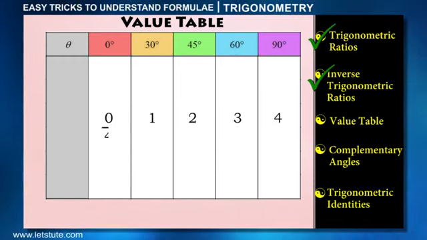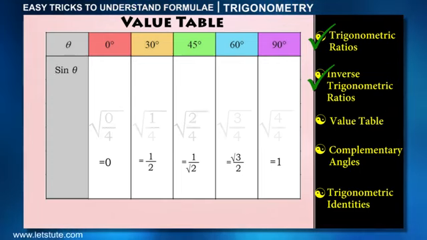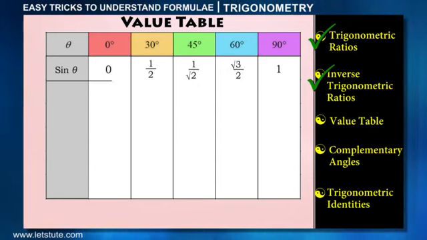Now divide each of them by 4, then take the square root. And this is the value for our very first trigonometric ratio, sine. We read it as sine 0 is 0, sine 30 is half and so on.